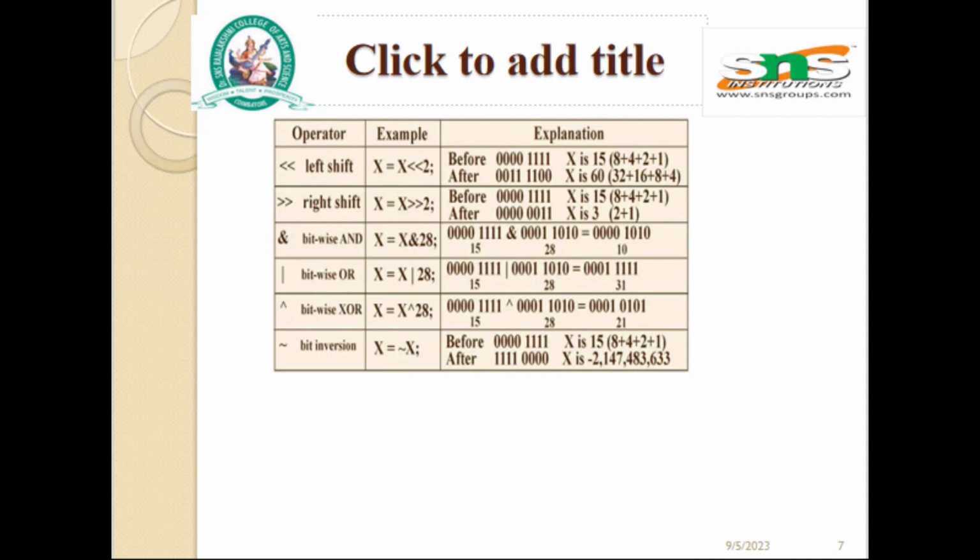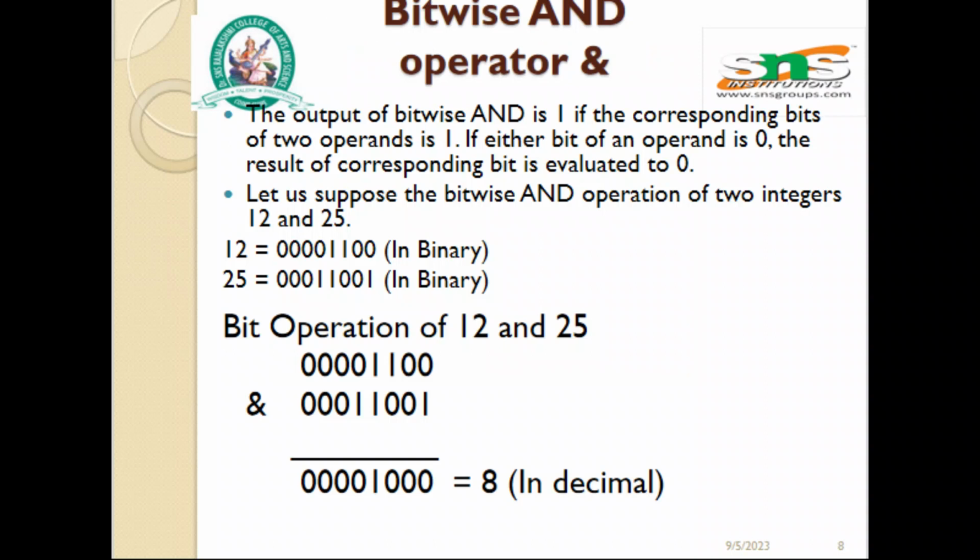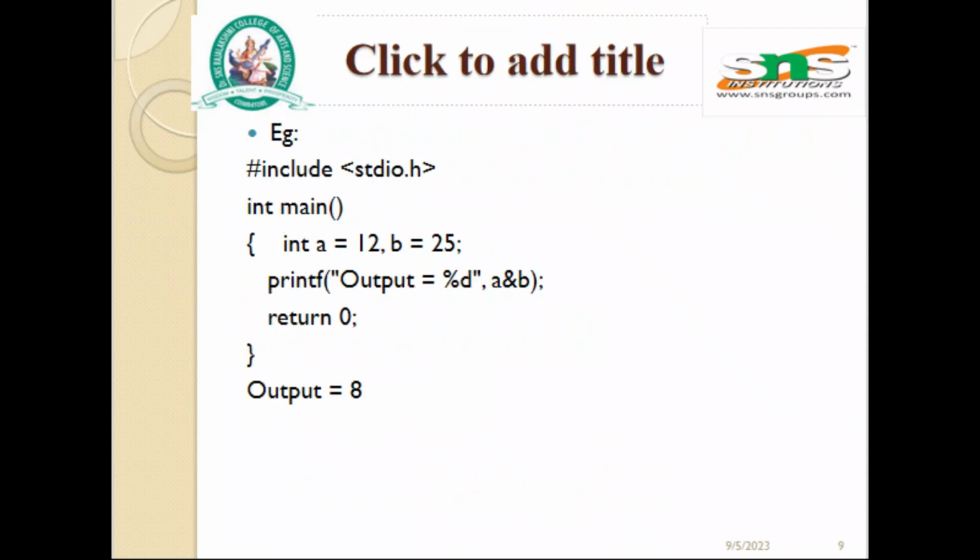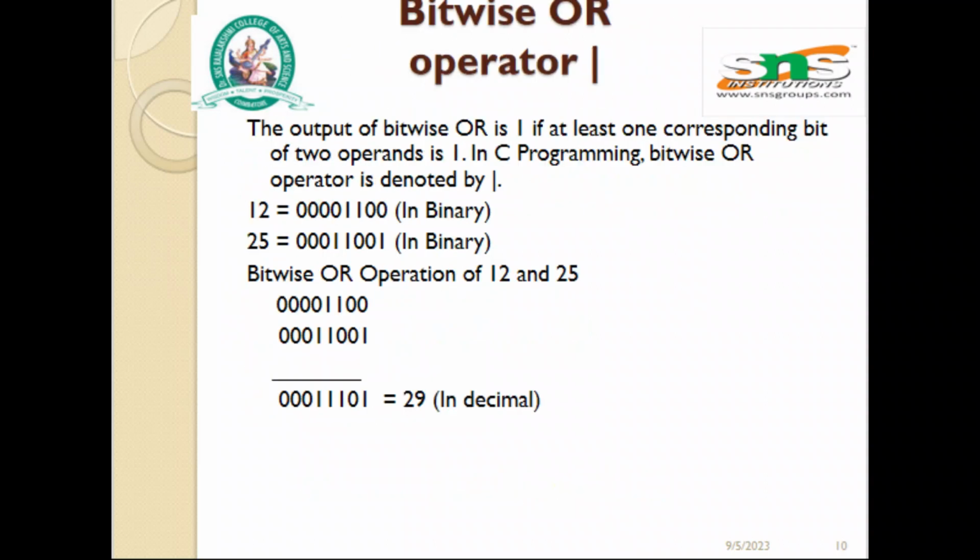The explanations are given here. For example, x is 15, which is 8 plus 4 plus 2 plus 1, and the other value is 32 plus 16 plus 8 plus 4. The output of the bitwise operators corresponds to the bitwise operation on the two operands, as seen already.